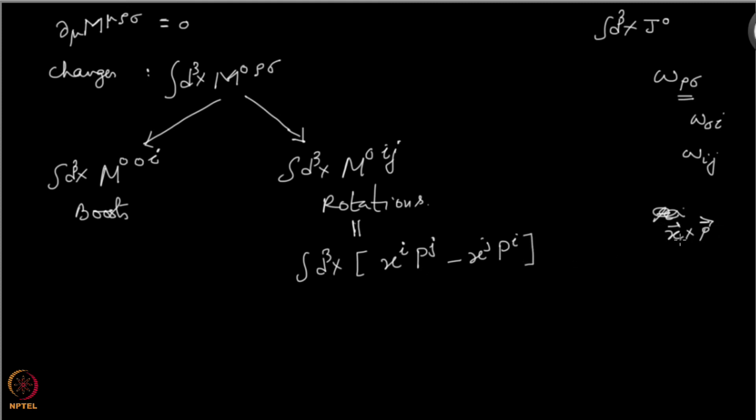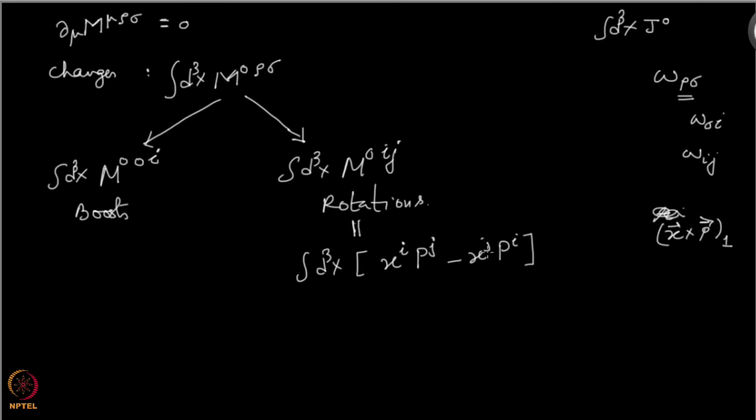So, if you look at the ith element of this, or the first element, then this is y cross p_z minus z cross p_y, and that is what I am writing here. So you see that the rotations will give you angular momentum, the charge here, which will be of this form.